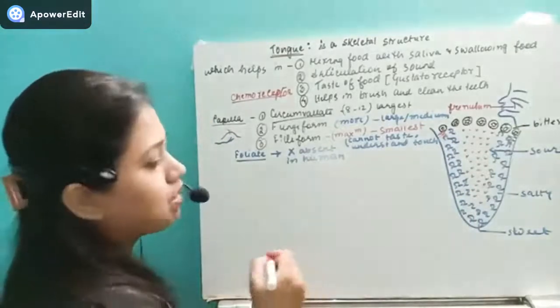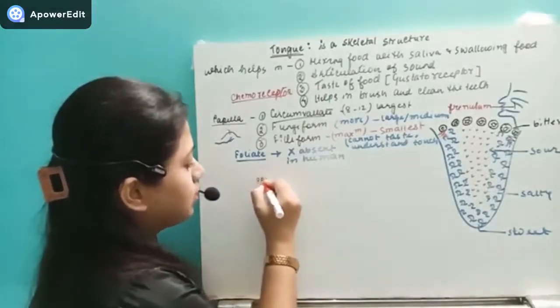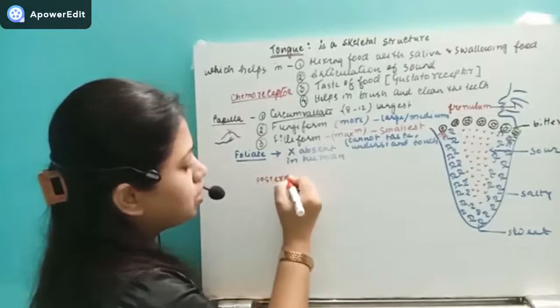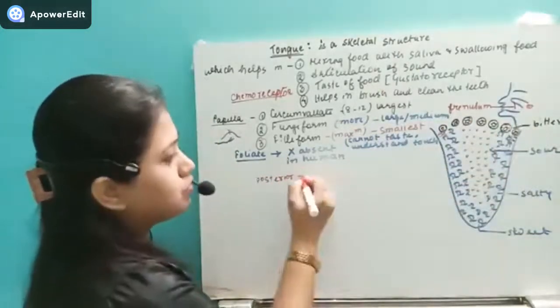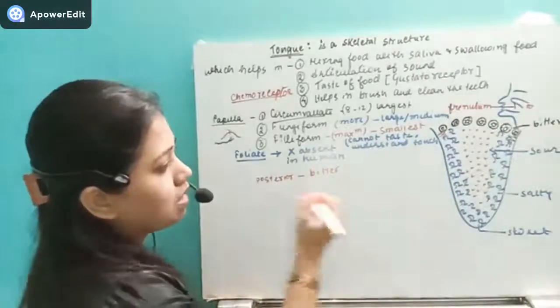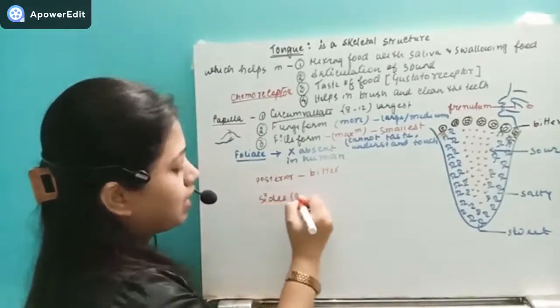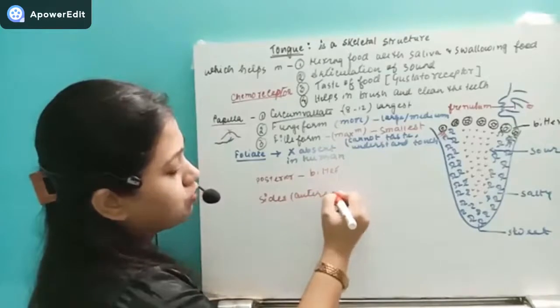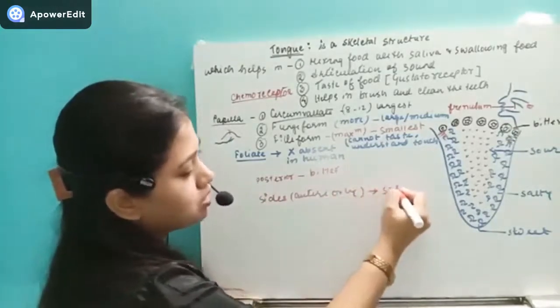Okay, remember, when it comes to taste, the posterior region of the tongue, beneath here towards this region, senses the bitter taste. If it comes to the sides, anteriorly, towards the front, we can sense the salty taste.